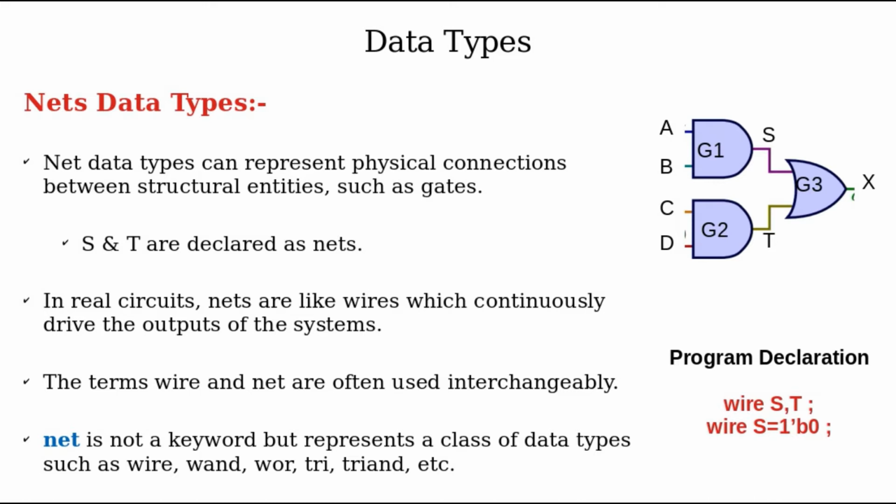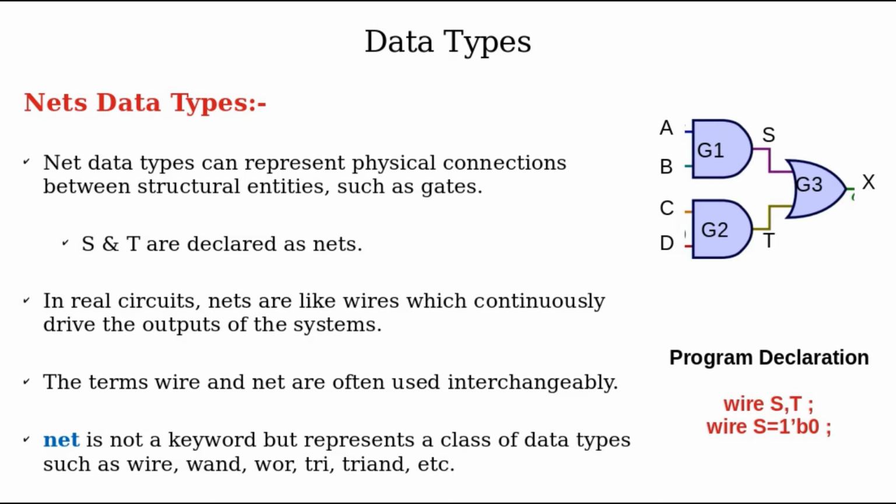So this command is used to declare the nets. In actual hardware circuits, nets are like wires which continuously drive the output of the circuit. Net and wire are often used interchangeably.